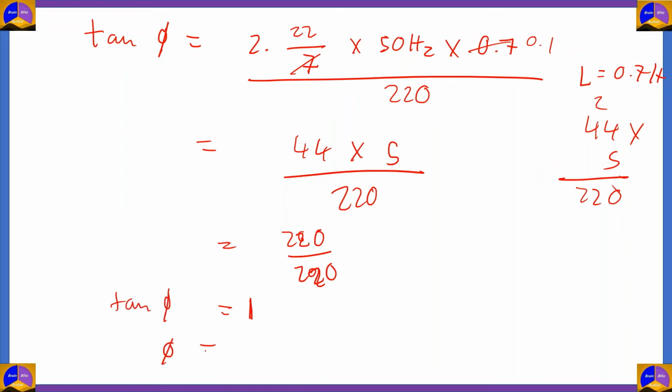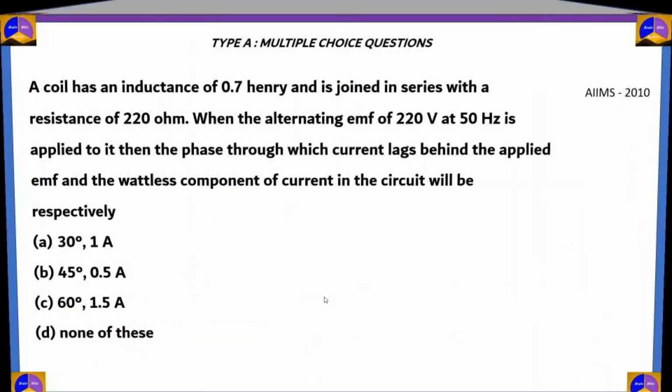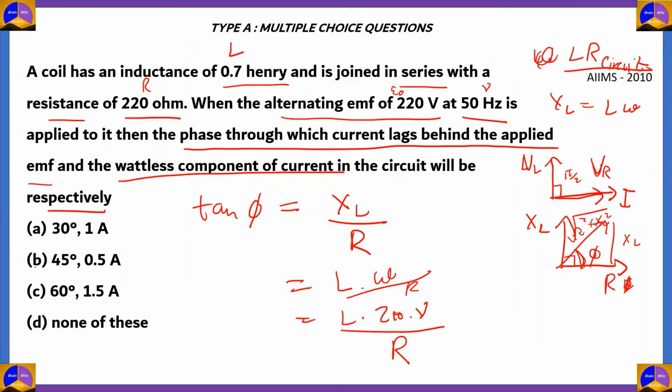So the value of phi is tan inverse of 1, which is equal to 45 degrees, which we can write as pi by 4. 45 degrees is the value of the phase difference. So if we go back here, we find that 45 degrees is the answer. So just by that, we can identify our right option.